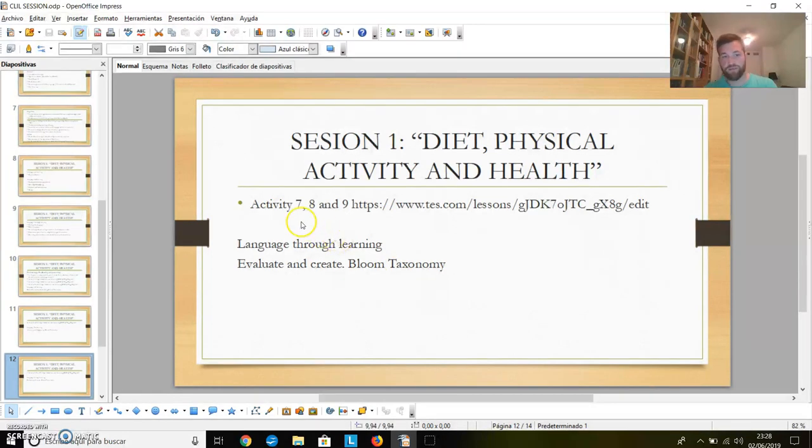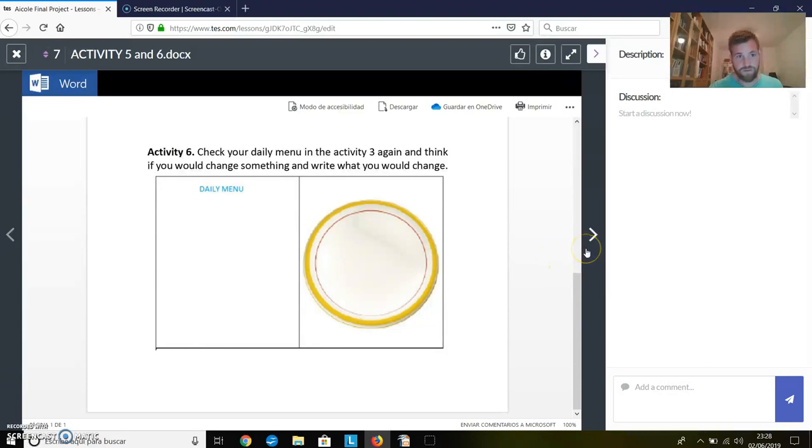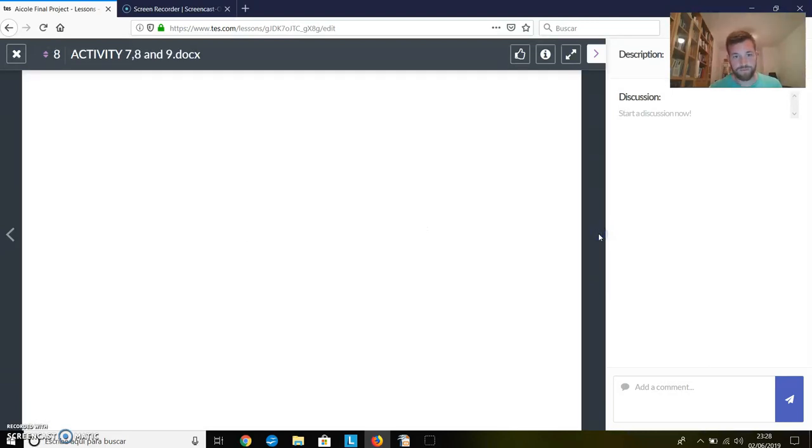In activities number 7, 8, and 9, they use language through learning, because they elaborate a plan of action adapted to specific situations, evaluate and grade, in the higher level in Bloom taxonomy. Let me show you.